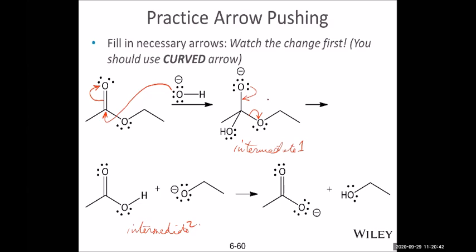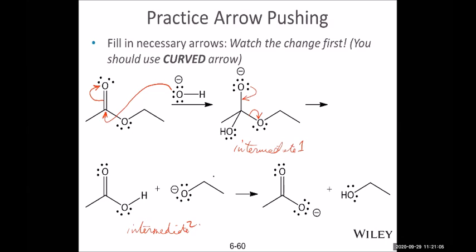Okay, finally, intermediate 2 becomes the final product. Let's see what happened. You can see this hydrogen has been lost, and this oxygen gains negative charge. This is typical deprotonation. We lose hydrogen and gain negative charge.